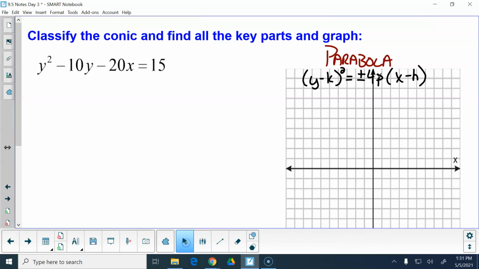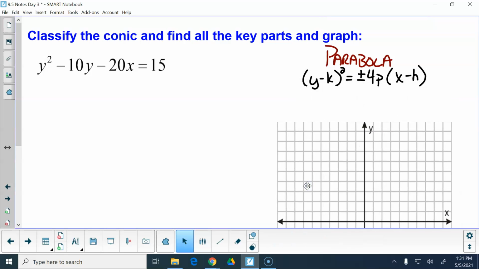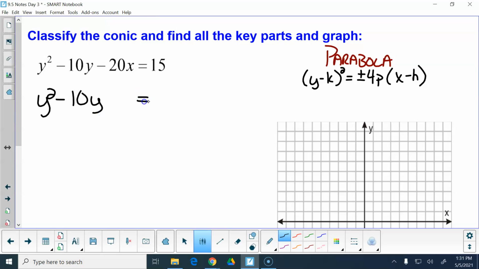Move this down a little bit. Get that out the way. Okay, so we need y's all on one side, with a space. And then we need x's on the other side with our numbers. The general form is going to give us a roadmap of where we need to go.